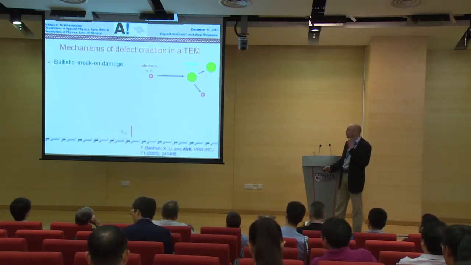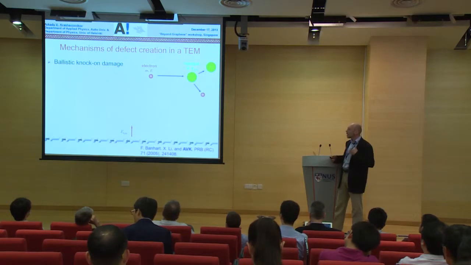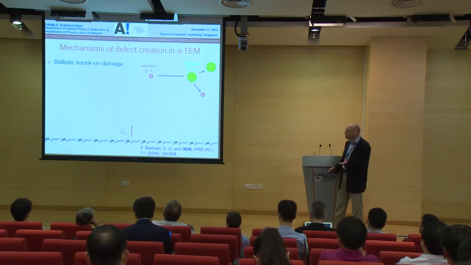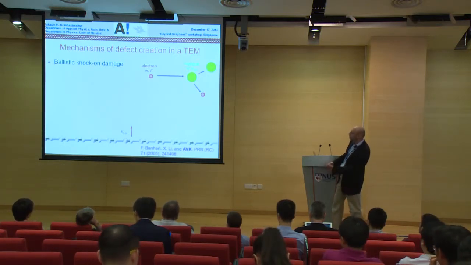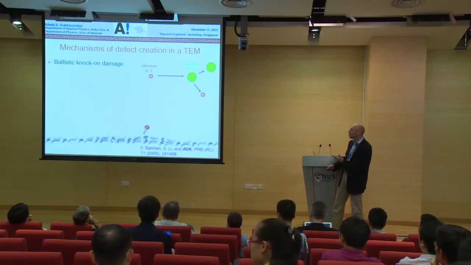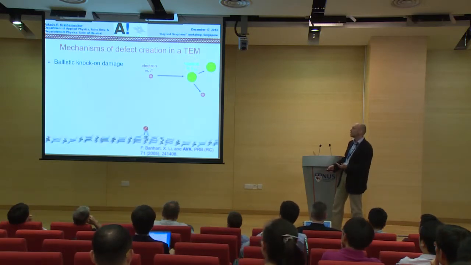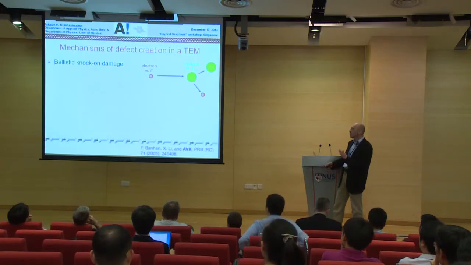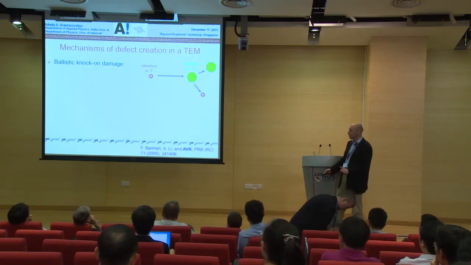Basically, an electron hits the atom and transfers kinetic energy to the recoil atom. In graphene, it may be something like that. The electron beam is coming from below, and then when the atom is displaced, we see the formation of a vacancy and an adatom pair, just an illustration of what happens in materials under radiation. This mechanism works in any material.